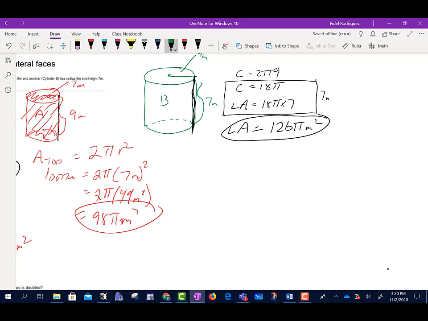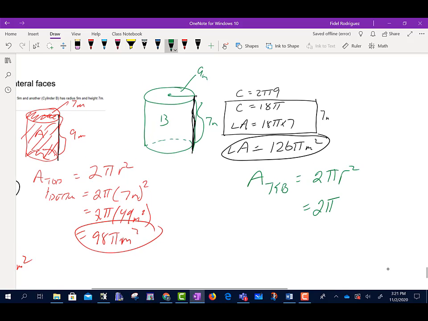Now we're going to do the same thing for part B. I'm going to find the area of the top and bottom, which is 2 pi r squared. So 2 pi, and the radius in this case was 9 meters squared.